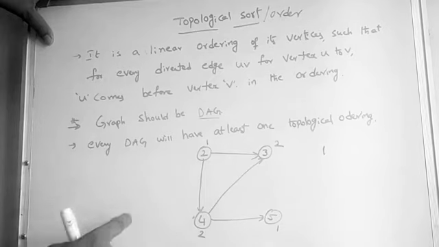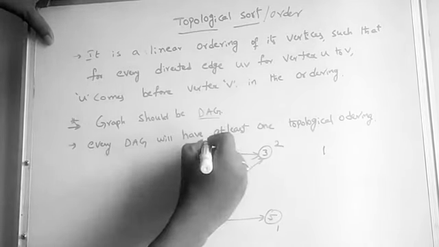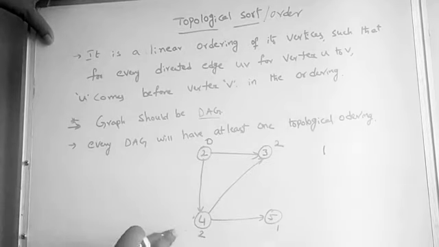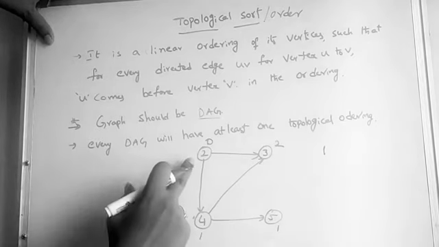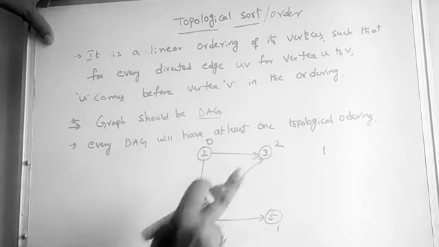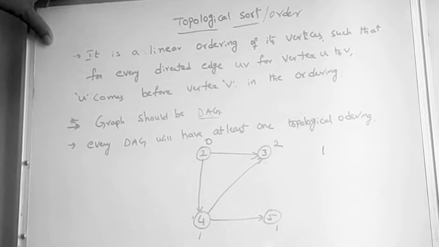What is the in degree of 2? There is no in degree after deleting 1, so the in degree is replaced by 0. Next, 4 has only 1 incoming edge, so its in degree changes to 1. The in degree of 3 has no change, 2 incoming edges. In degree of 5 is only 1. Now everything is okay.